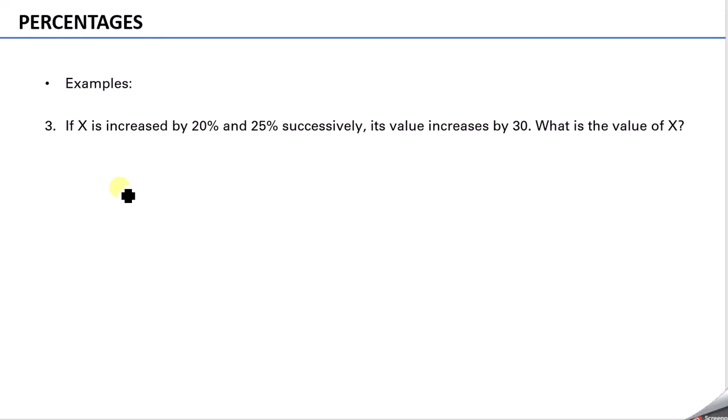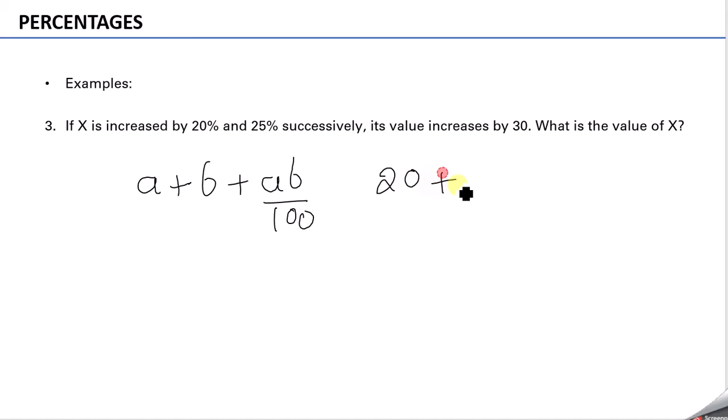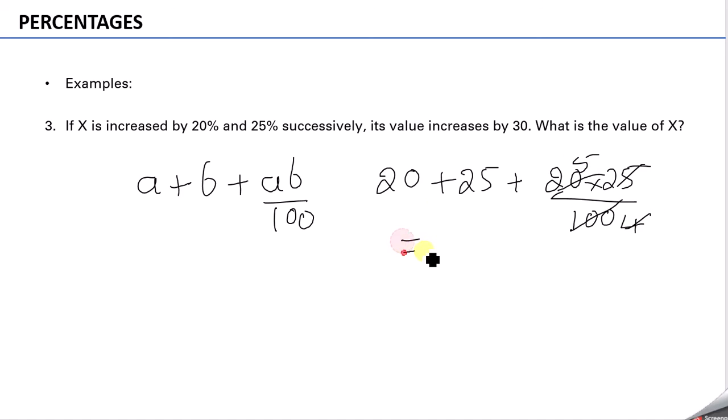First we'll see what is the aggregate effect of 20 and 25%, which will come from the formula which we discussed earlier, a plus b plus ab by 100. Applying this, 20 plus 25 plus 20 into 25 by 100 gives us 50%. So the net effect of two successive increases is 50%.